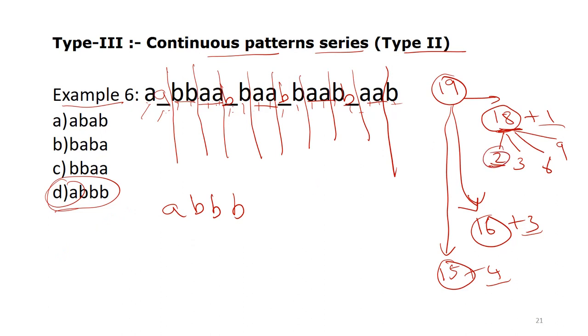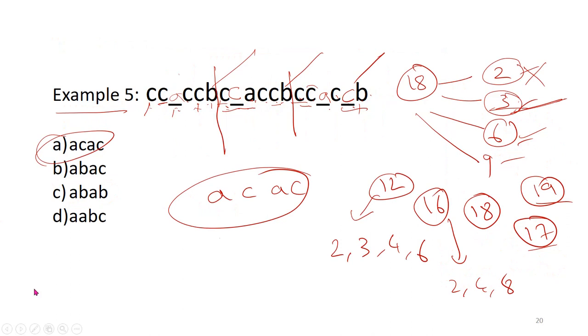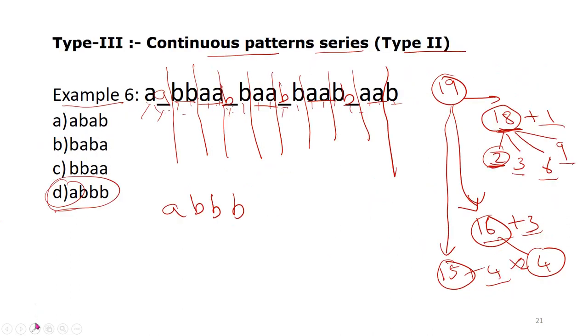Now, what if I would not have got this? Then I can go with 3, I'll not get it, 6, I'll not, 9, I'll not get. Again, what I have to do is take 16 plus 3. 16 with 2 I already tried, so I would have gone for 4 in each group. Let me explain that also.